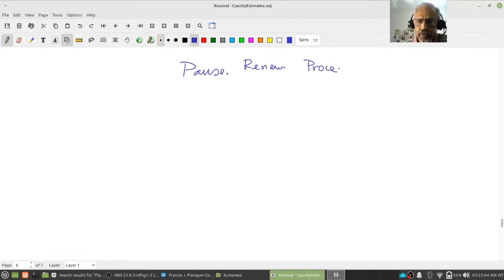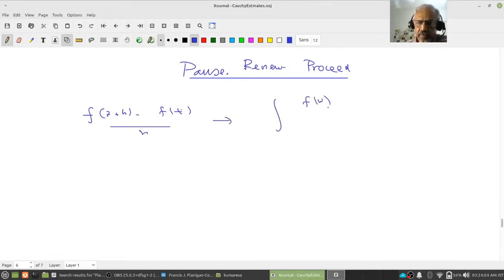So you should know how cheap you got it. It is not cheap, because you had already done all the hard work earlier. The traditional books will try to prove it in a slightly different way. They will write f of z plus h minus f of z by h and try to show it converges to the integral of f of w by (w minus z) whole square dw, by careful estimate.